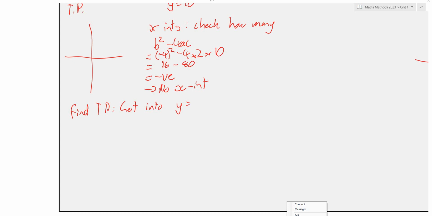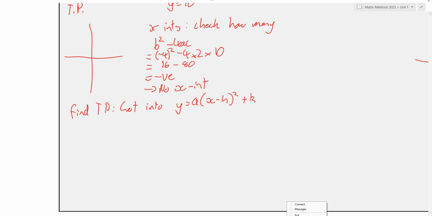Oh. There's not an A in it. Oh, no, there is an A in it. Sorry, I'd tell a lie. Yeah, so there's an A in front of (x take h) squared plus k.